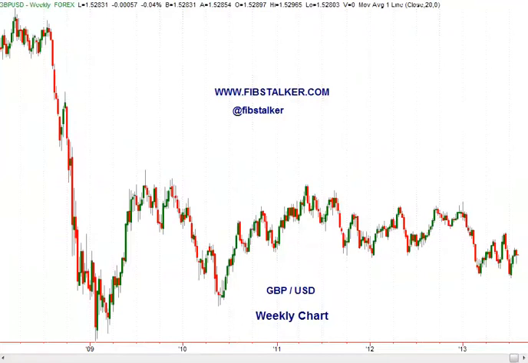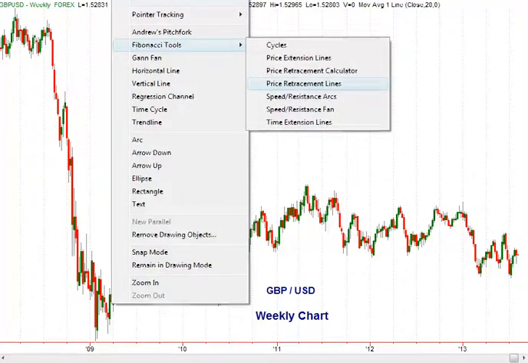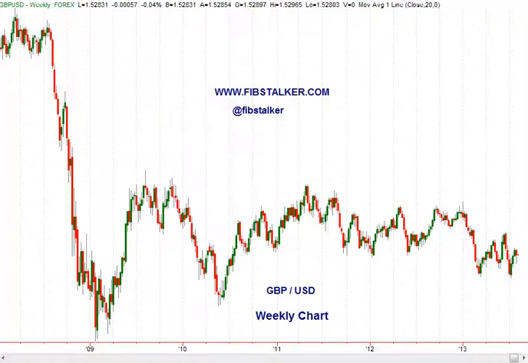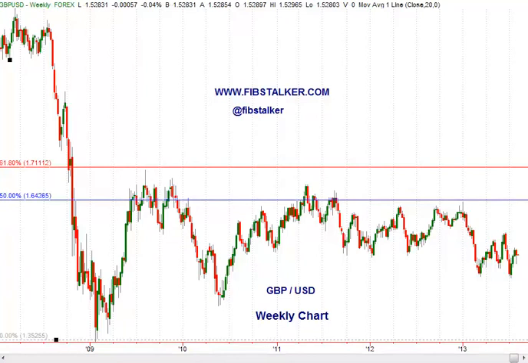Moving to the pound versus the US dollar, this is the long-term chart going back to 2009, and we know that we have a long-term level of resistance starting in the 164.30 area. It was respected a few times during 2009 and then again in 2011, and it was marginally tested again at the beginning of 2013.